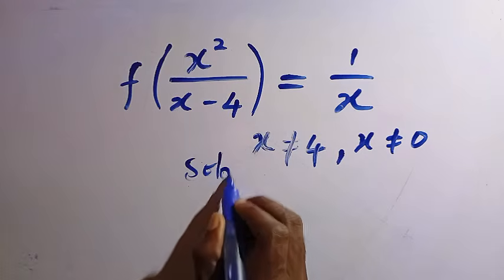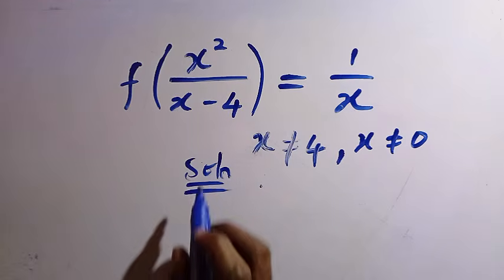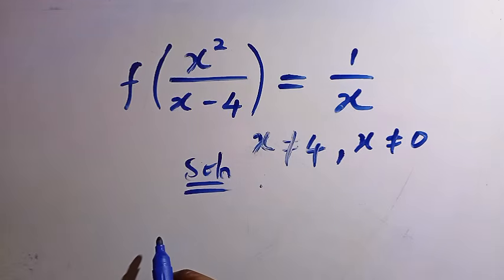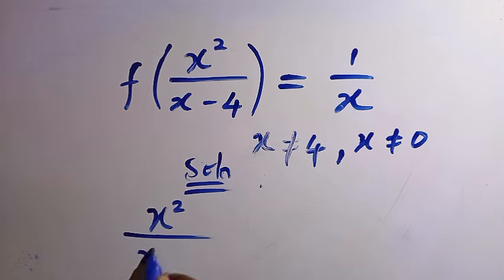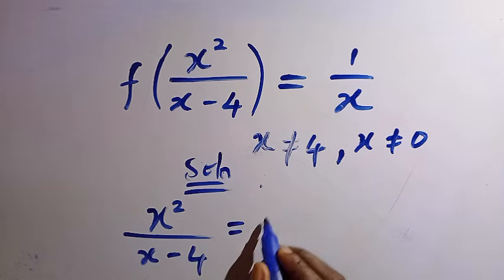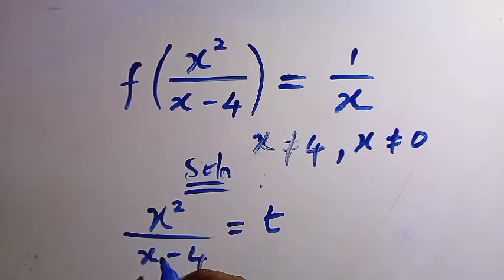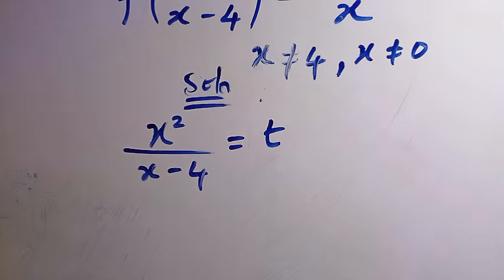Let's consider the solution. By substituting, we have x squared divided by x minus 4 equals t. The goal is we want to make x the subject of the formula. What to do is, if I divide this by 1, then I cross multiply.